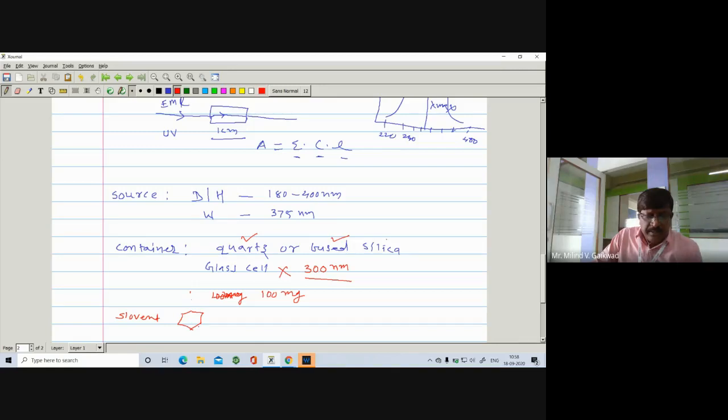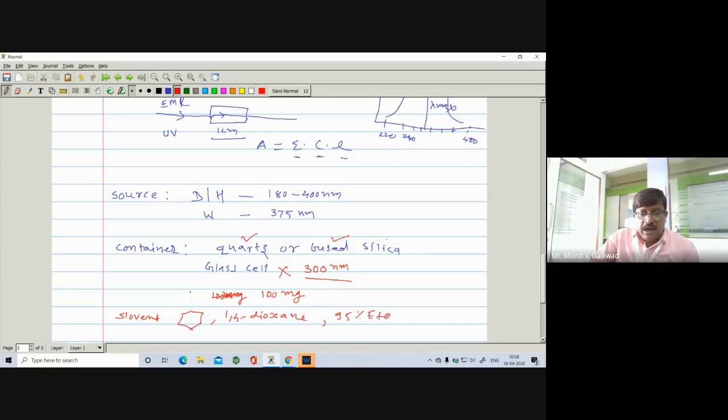Cyclohexane contains carbon-carbon single bonds, so there is no double bond and no CO group. So cyclohexane we can use. We can use 1,4-dioxane, or we can use 95% ethyl alcohol, 95% EtOH.